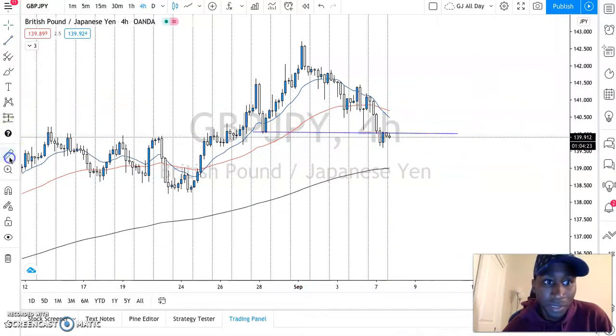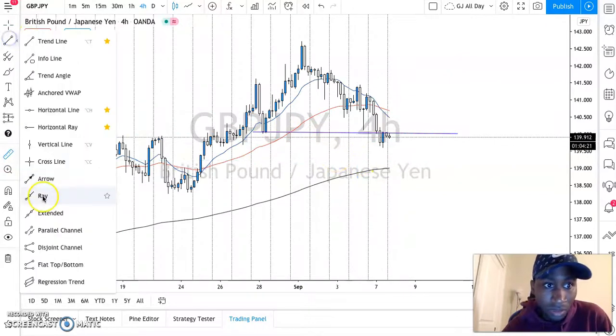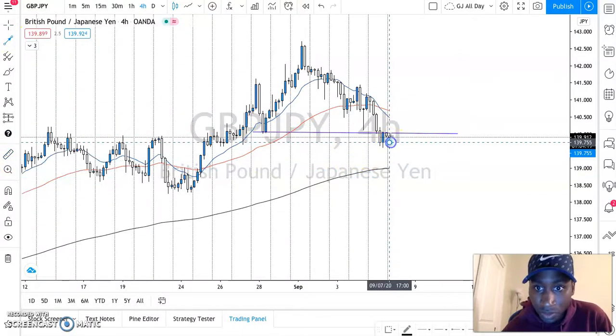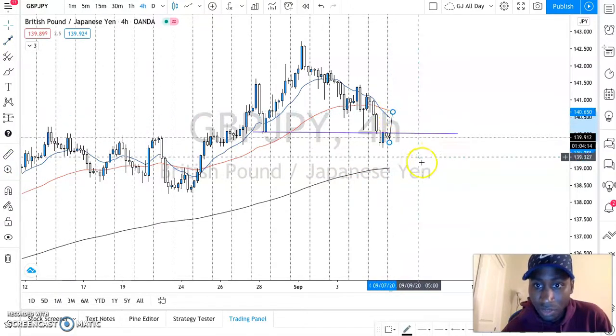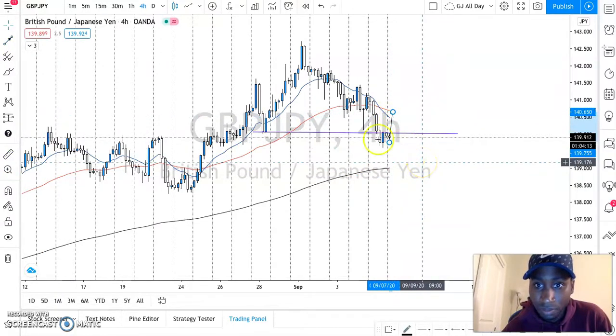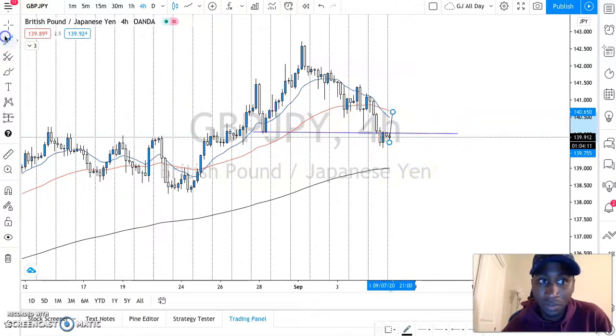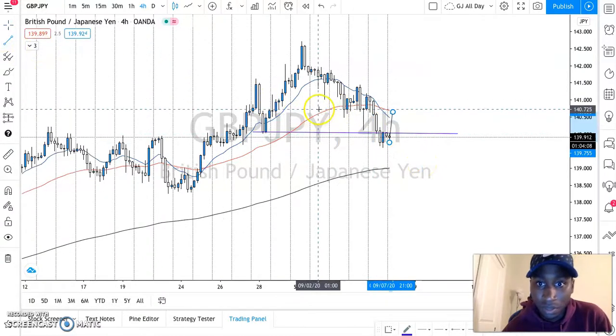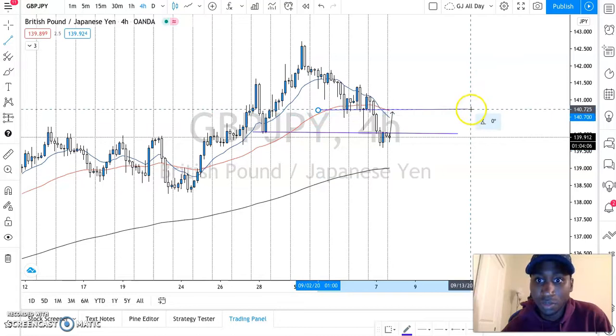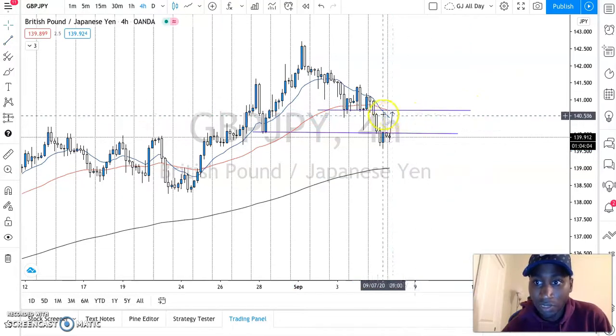I'm expecting this to retest these EMAs and then drop, which would also be in confluence with this broken support. They line up.